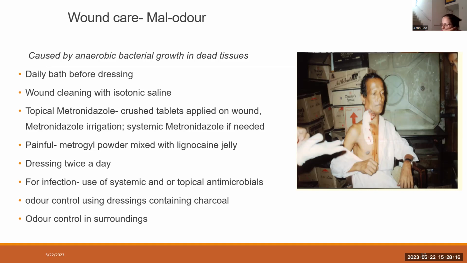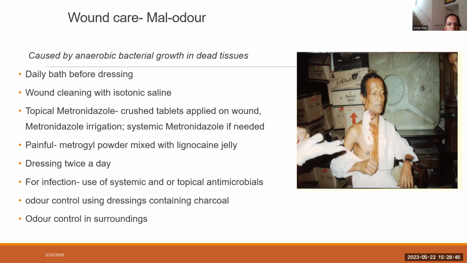This helps especially when there are pockets, right? So when there are deep pockets, you can place metronidazole liquid in the chamber of the nebulizer and then hold it near the wound. So it will penetrate into the cavities. Okay, so that's how it can be helpful.